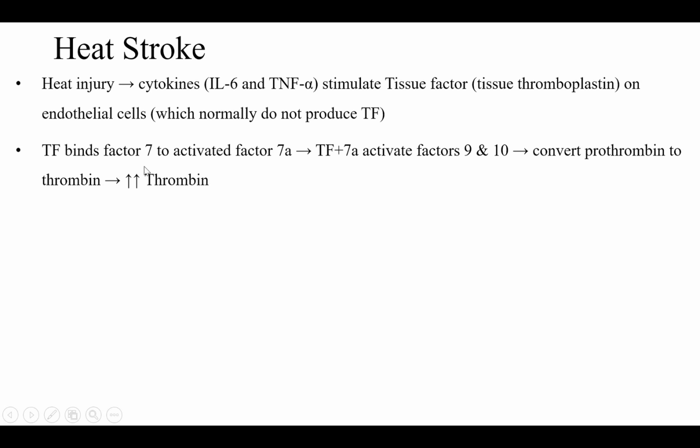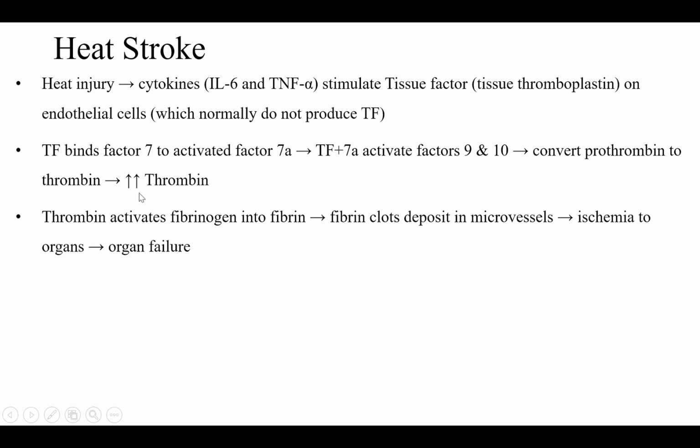Tissue factor binds factor 7 to activate factor 7a, and tissue factor along with factor 7a activates factors 9 and 10, and factor 10 converts prothrombin to thrombin, and you have a large increase in thrombin formation.